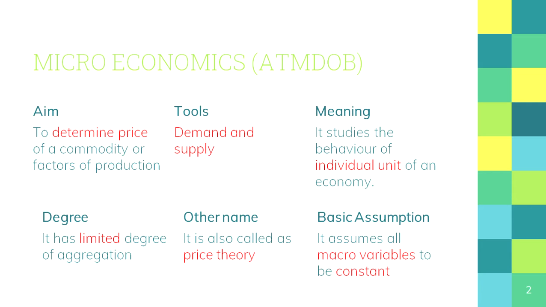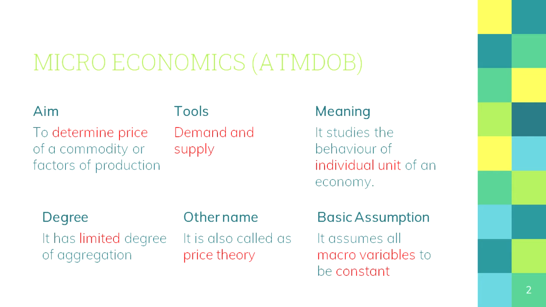The basic aim of learning microeconomics is to determine the price of one commodity or the price of factors of production. Factors of production means there are four factors which you have already learned in ninth or 10th. They are land, labor, capital, and organization.